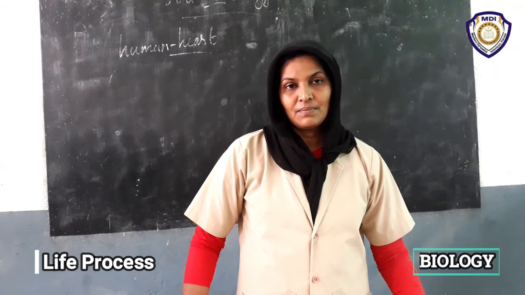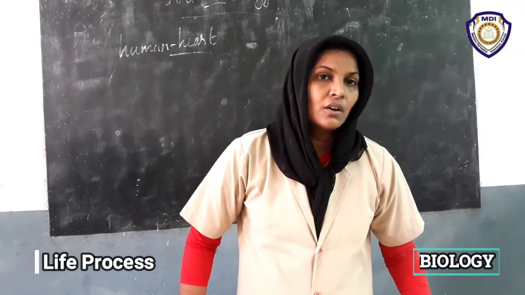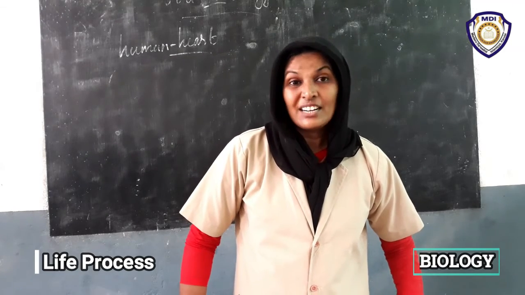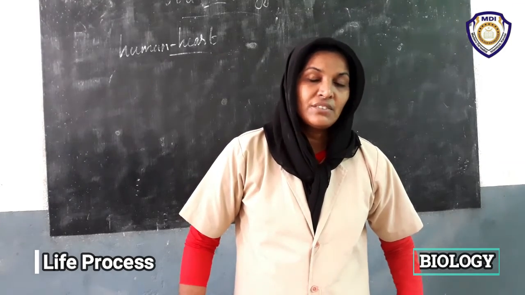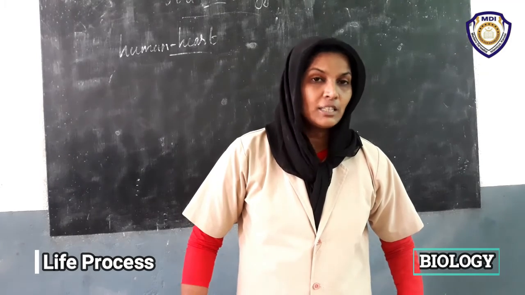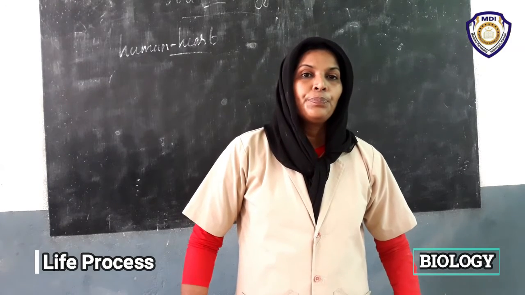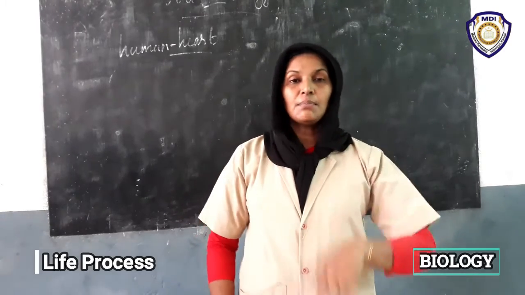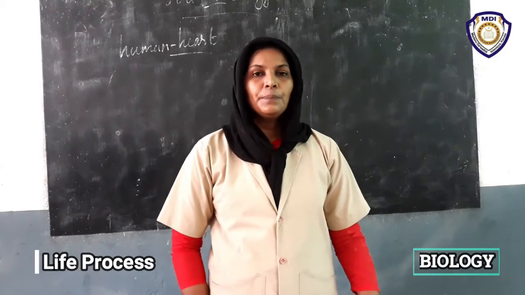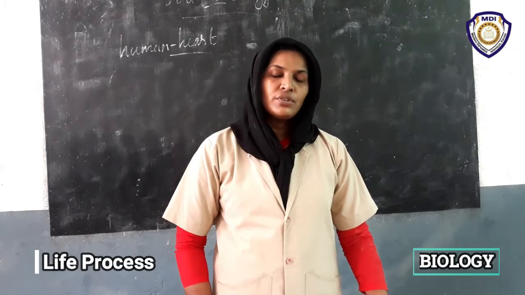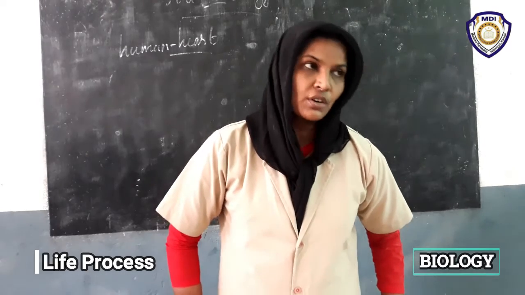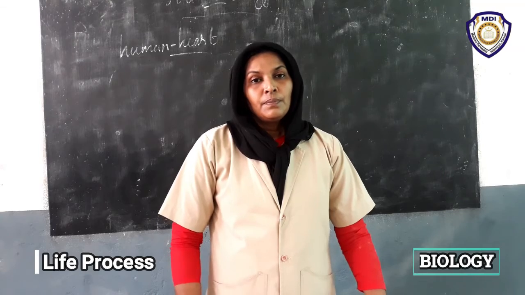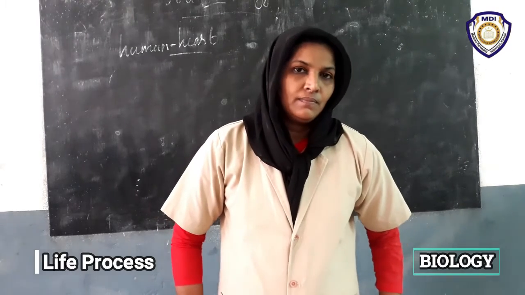It is closed because the blood flows through fixed, specific vessels, which I will explain: arteries, veins and capillaries. That is why. What is double circulation? You know that there are 2 types of circulation.